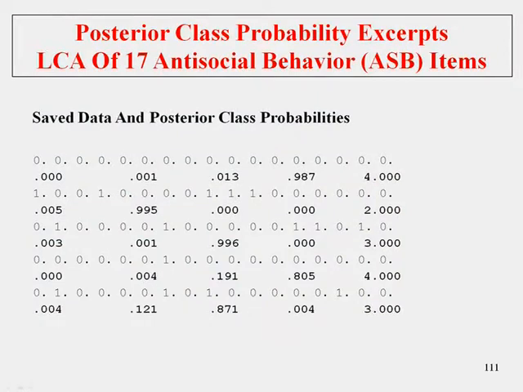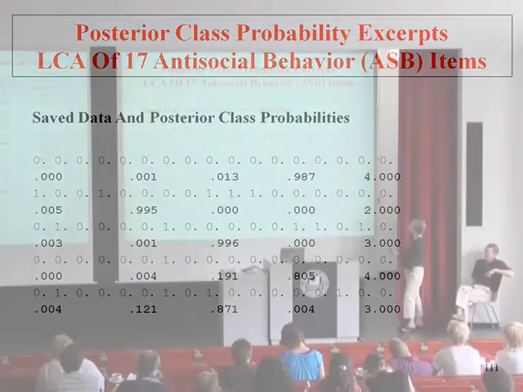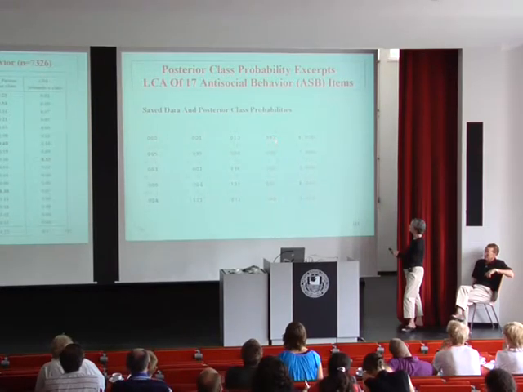And the first four values on the second line are their posterior probabilities. So they had 0 for class 1, 0.001 for class 2, 0.013 for class 3, and 0.987 for class 4, resulting in their most likely class membership variable being 4, because 0.987 is the highest.